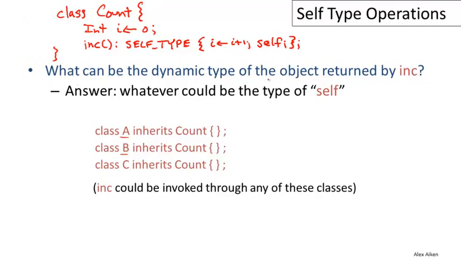And the question is, what can be the dynamic type of the object that's actually returned by inc? And the answer here is that it could be whatever is the dynamic type of the self object. And if we think about a big program where there are multiple classes that inherit from count, then the answer is that inc could return count or any subclass of count.